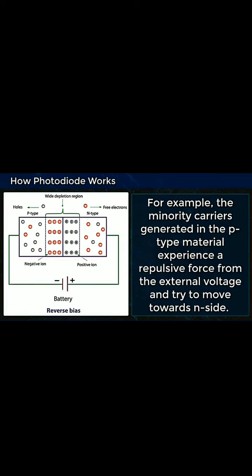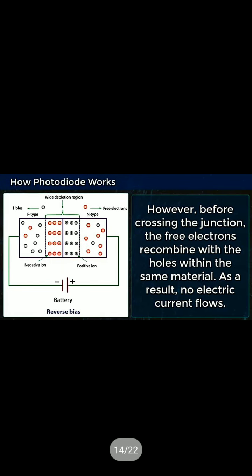The N side is connected to the positive terminal of the battery and the P side is connected to the negative terminal, so the negative terminal repels the minority charge carriers present inside the P type, and the positive terminal of the battery repels the minority carriers present in the N type semiconductor. Before crossing the junction, the free electrons recombine with the holes within the same material. As a result, no electric current will flow.